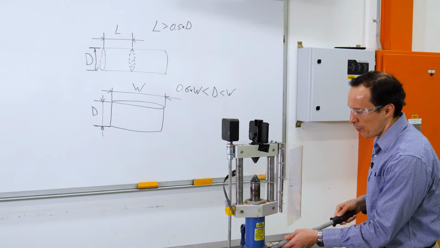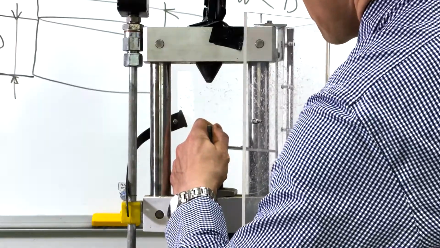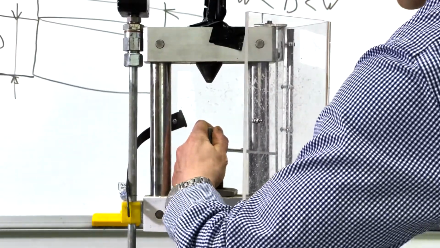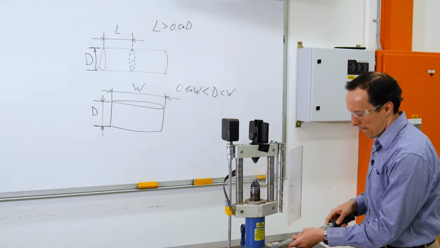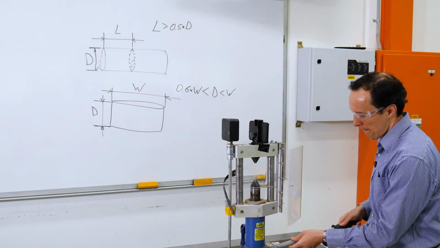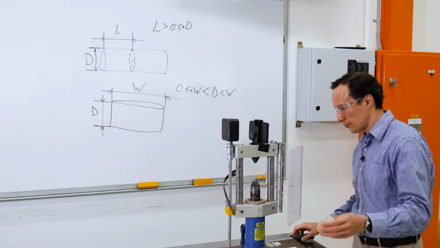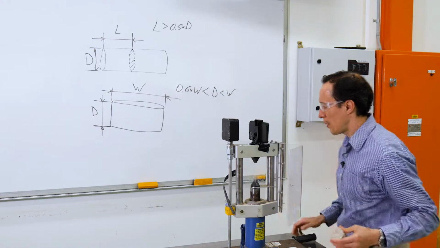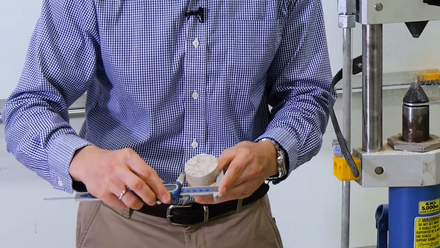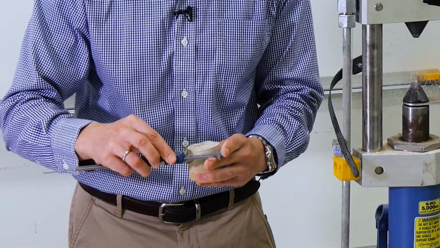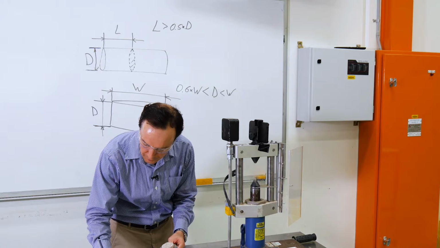I will need to reset the point load apparatus. Make sure that we measure diameter. 51.5.